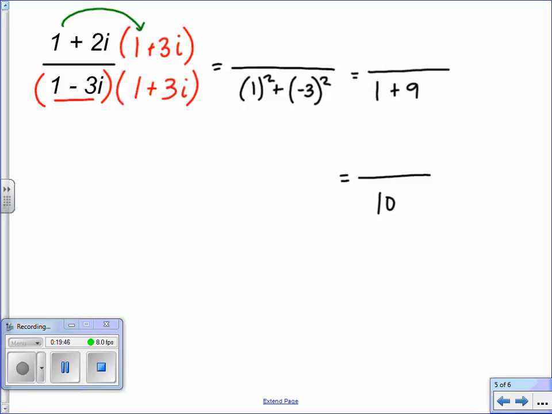1 times 1 is 1. 1 times 3i is 3i. 2i times 1 is 2i. And 2i times 3i is plus 6i squared.